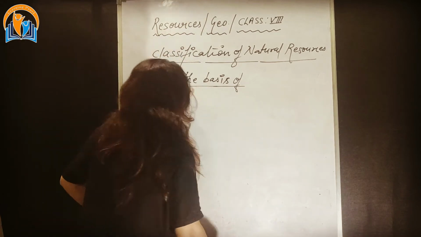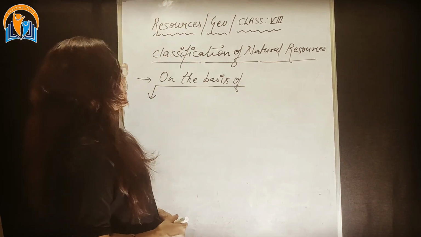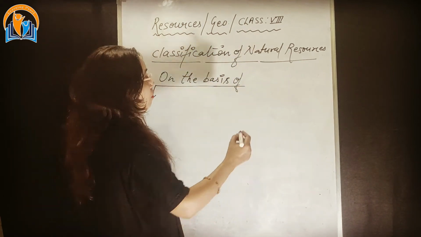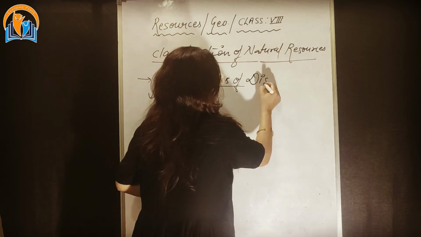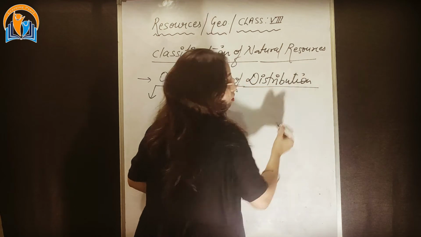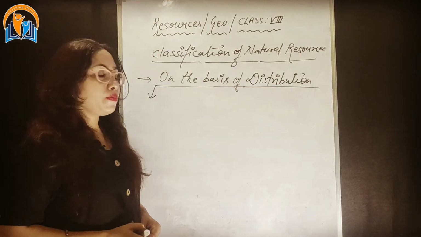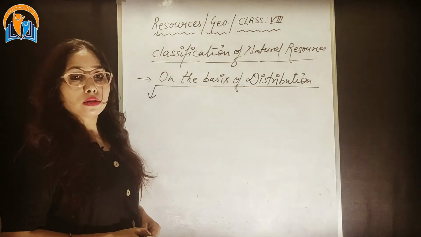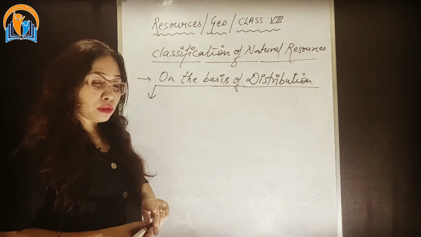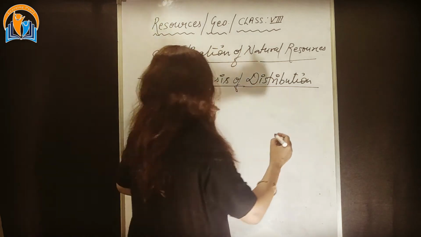Same as the others, on the basis of distribution, there are how many types? 2 types of resources.